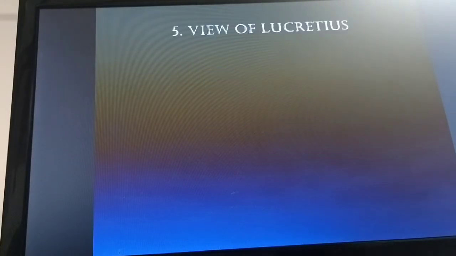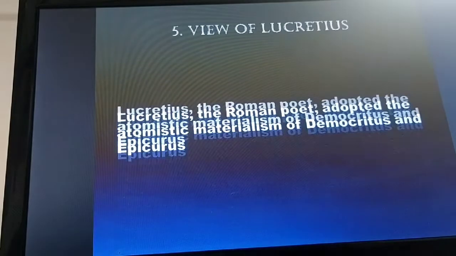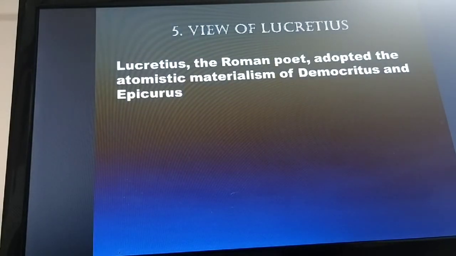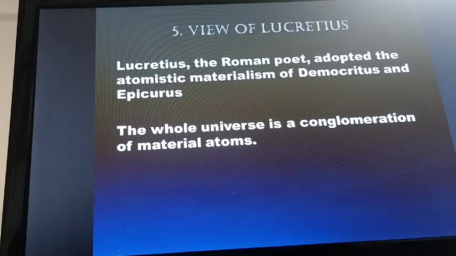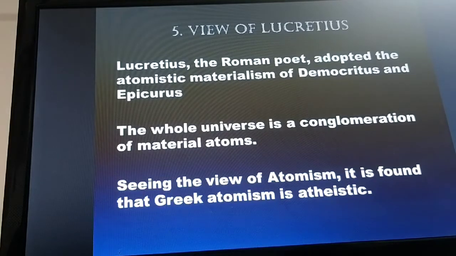Then let us see the view of Lucretius. You know that Lucretius is a Roman poet, and he adopted the atomistic materialism of Democritus and Epicurus. The whole universe is a conglomeration of material atoms. And seeing the view of atomism, it is found that Greek atomism is atheistic.